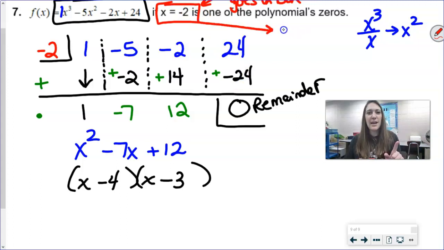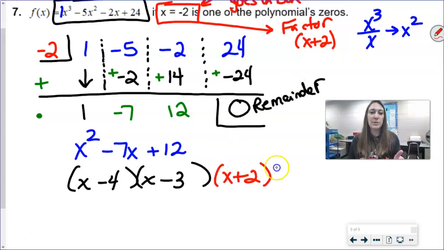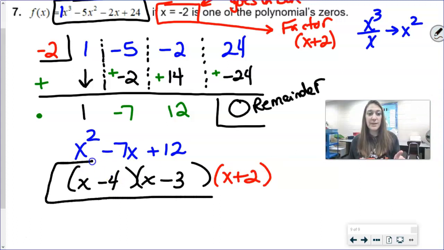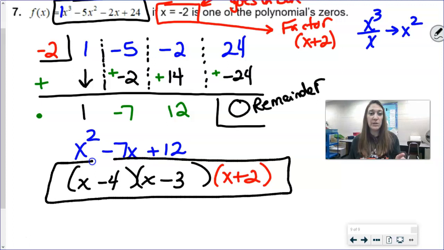If you think backwards to that, the factor that produced x equals -2, wouldn't it have been x plus 2? So my true factorization of the original problem is that. So the x minus 4 times x minus 3 came from my reduced polynomial. And then this x plus 2 came from that giant hint they gave me at the beginning of the problem.